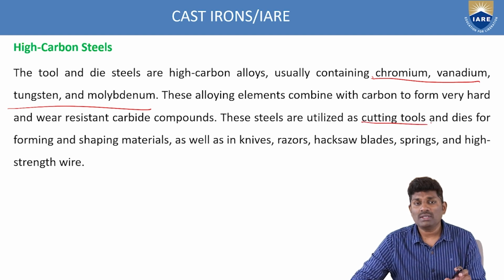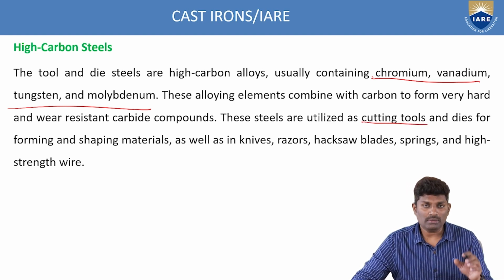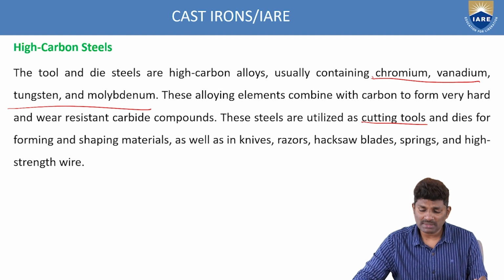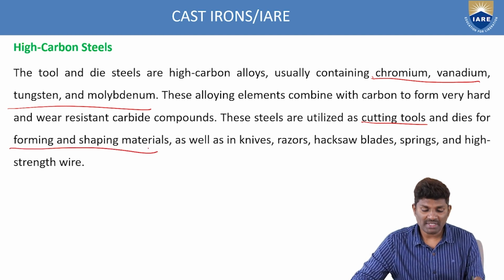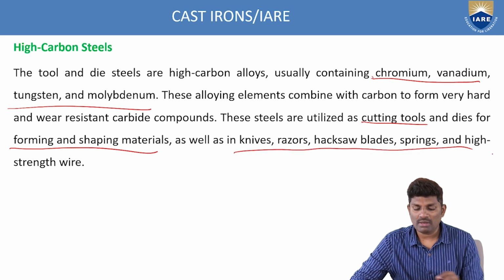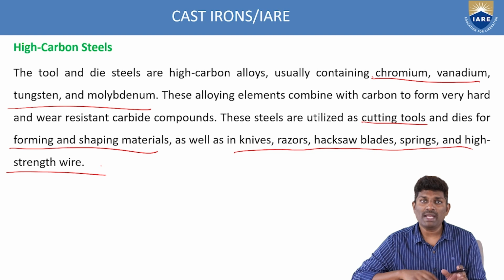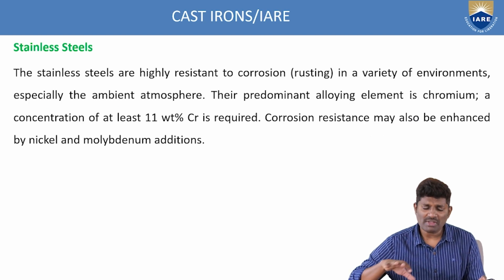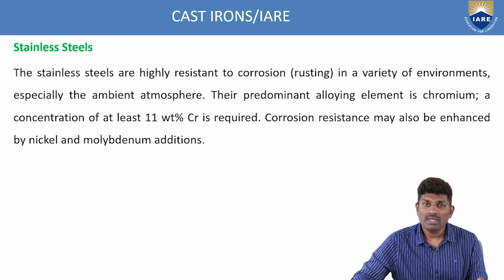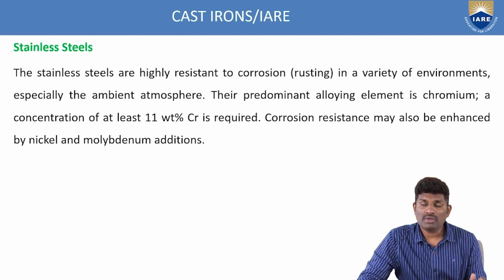So cutting tools are used in the case of high carbon steels, and also die forming, shaping of materials, knives, razors, hacksaws, all these things are made with the help of high carbon steel. So based upon the carbon content, we are using these for applications like razors or knives.